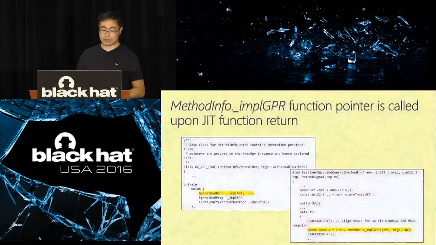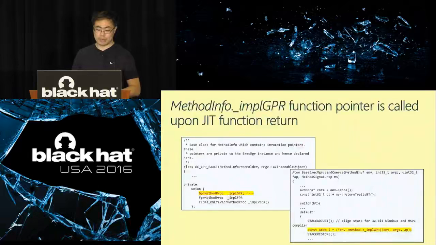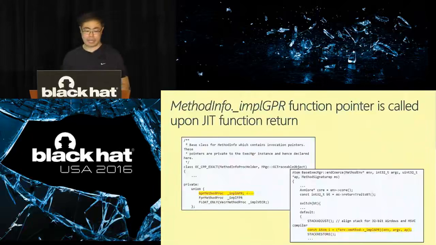So the other JIT attack method we observed is actually using impgpr pointer corruption. So this pointer, this callback handler, is called when a JIT method is returning. So whenever the JIT method returns, it will call the end course method, and it will call this pointer value.